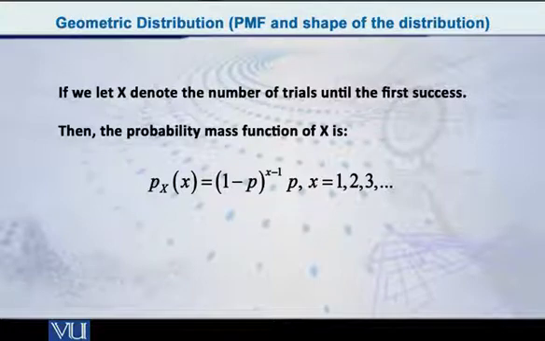So I repeat this for you. The PMF of the geometric distribution is given by P of x is equal to 1 minus P raised to x minus 1 into P, where x itself is equal to 1, 2, 3 and so on.